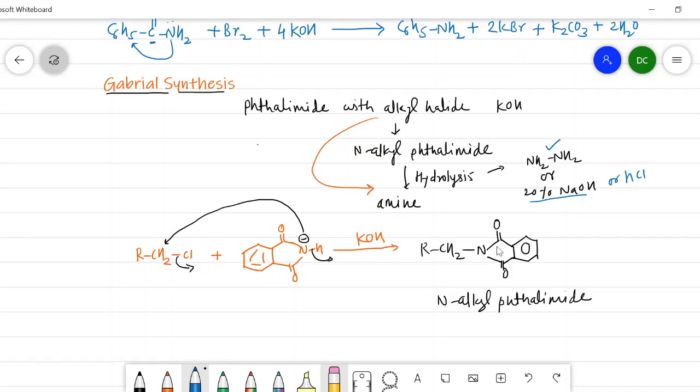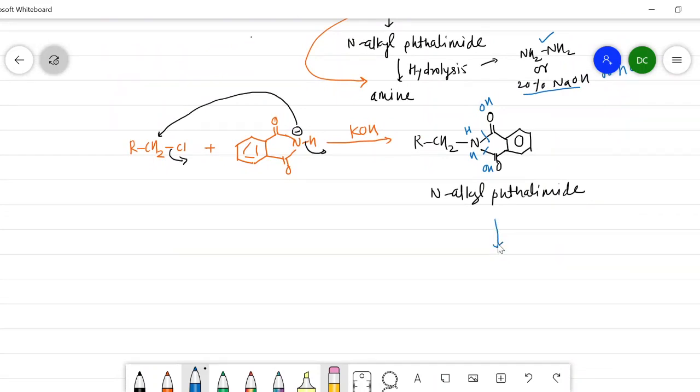In hydrolysis, there is a breaking of the carbon-nitrogen bonds, and one hydrogen is attached here, and an OH group is going to add here. In this way, the hydrolysis occurs to form the amine and the corresponding phthalic acid. So let's see the product after hydrolysis.